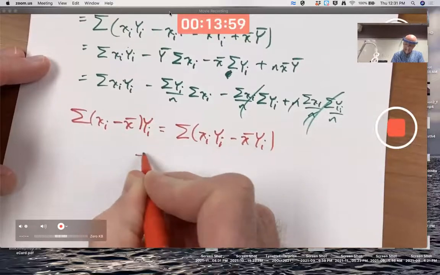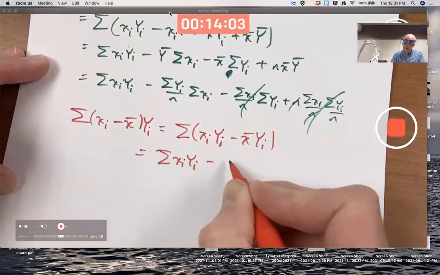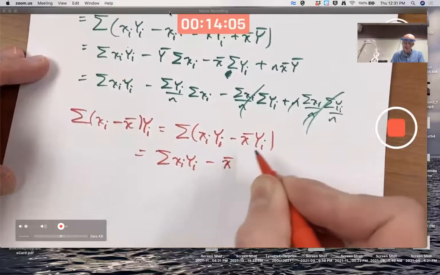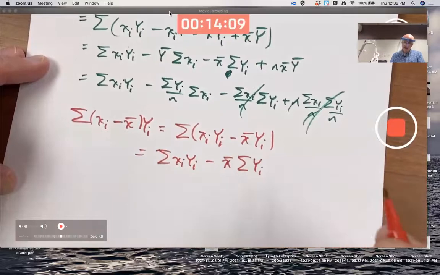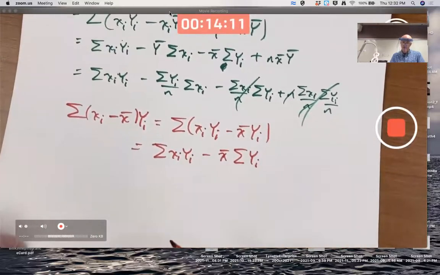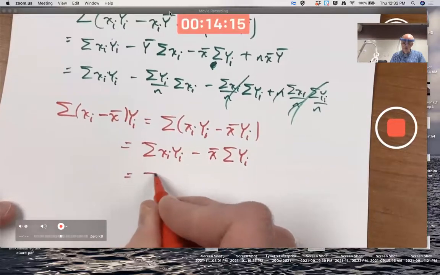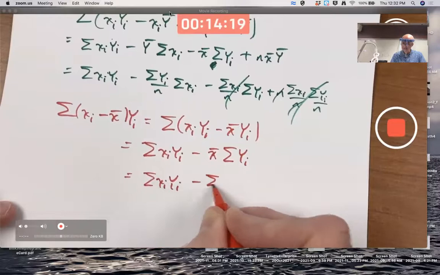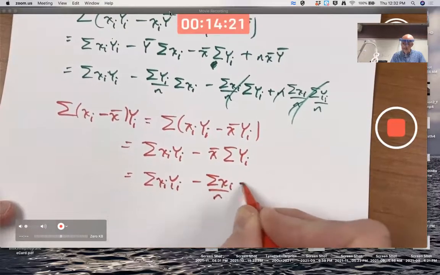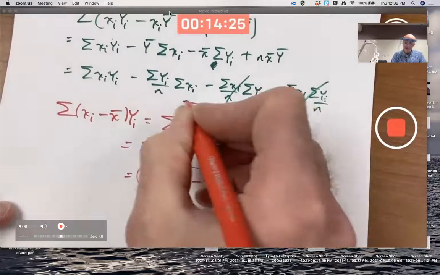Then distribute the summation through. Factor out the x bar. And then use the fact that x bar is the sum of the x's divided by n. And that essentially does it, because once you do that, you see that this is the same as that.